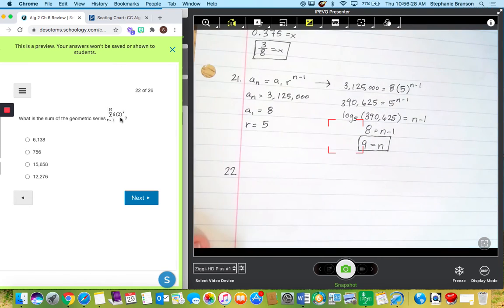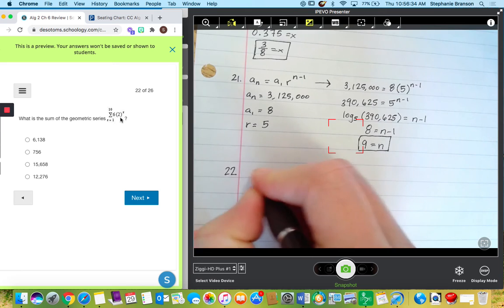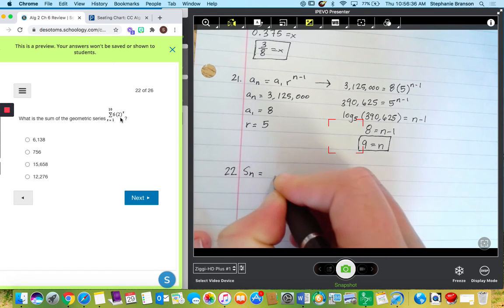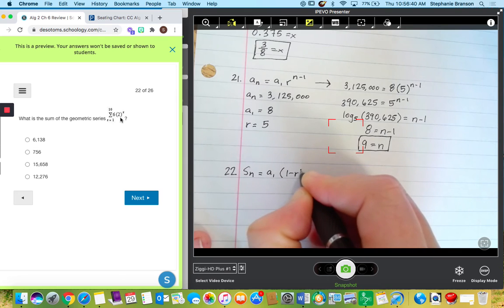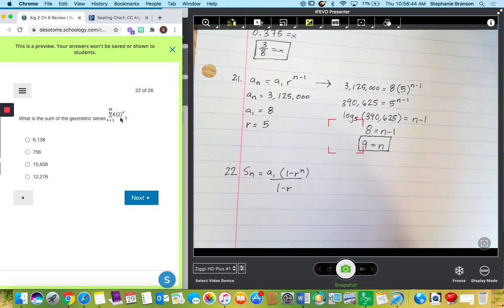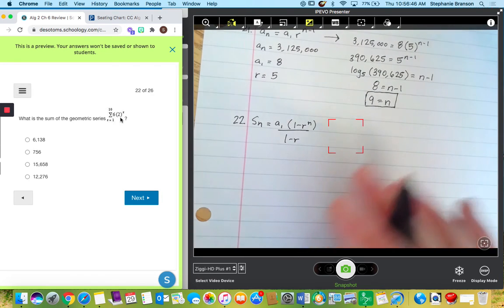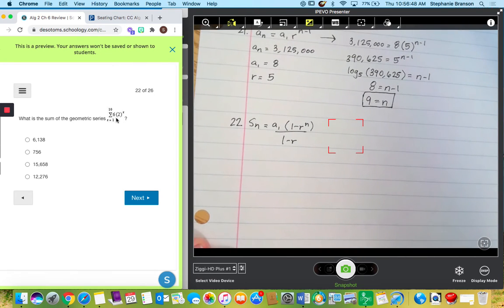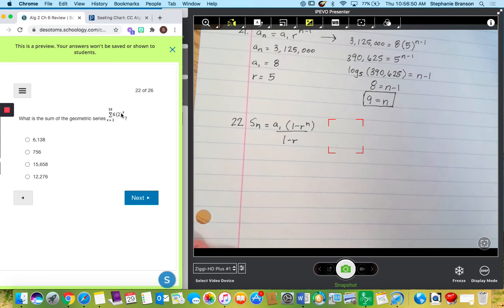Because the formula we're using for 22 is S sub n is equal to a sub 1 times 1 minus r to the n power over 1 minus r. But we have to figure out what that a sub 1 equals, because it doesn't necessarily equal this term right here, since we're used to seeing it as n minus 1.